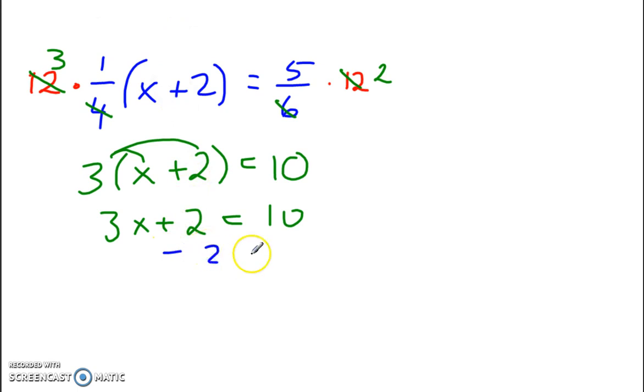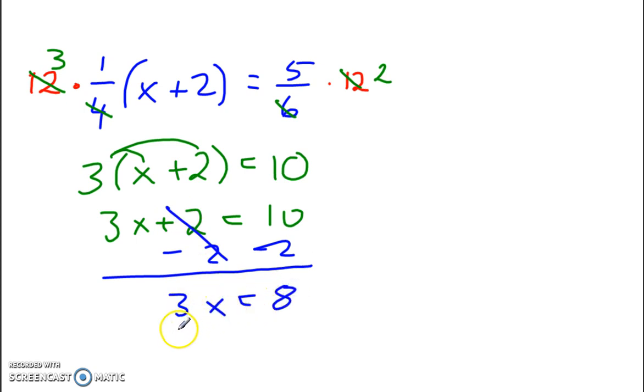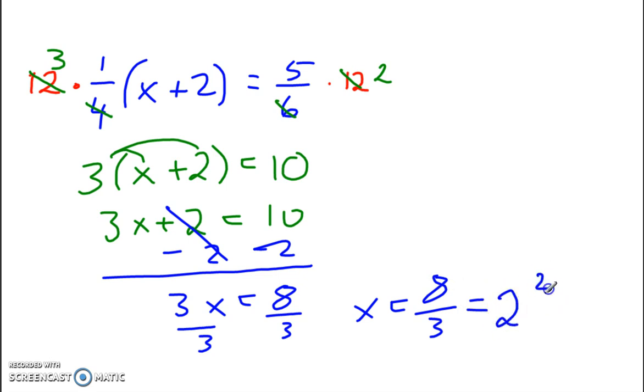Subtract 2 from each side. This cancels out. 3x is equal to 8. And then divide by 3 on each side. And x is equal to 8/3. Or 3 goes into 8 twice. So simplify that down to 2 and 2/3. There we go.